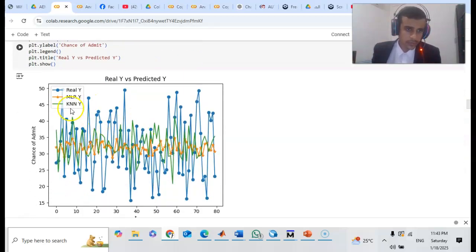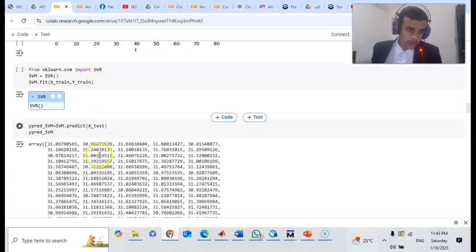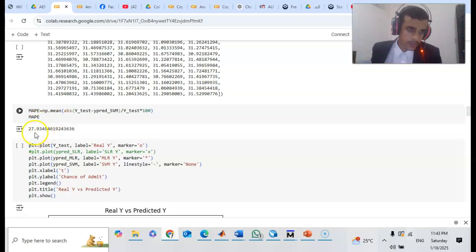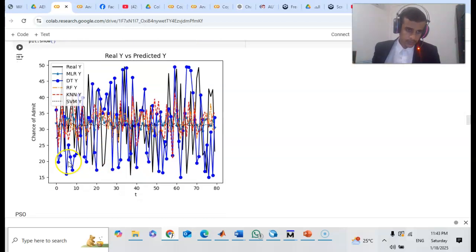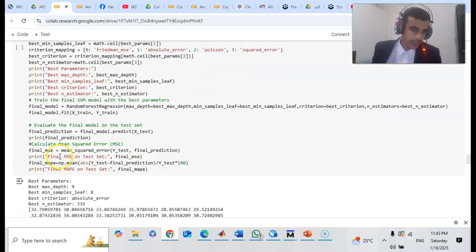This is the graph for KNN, with real in blue, MLR Y in orange, and KNN in green color. For SVM, the MAE is 27.934.